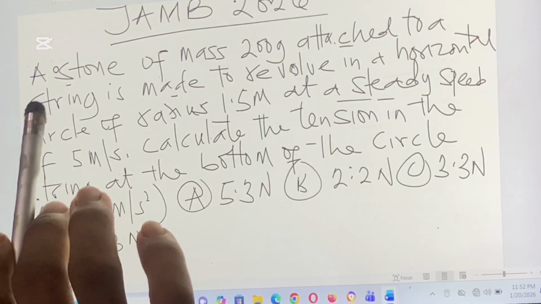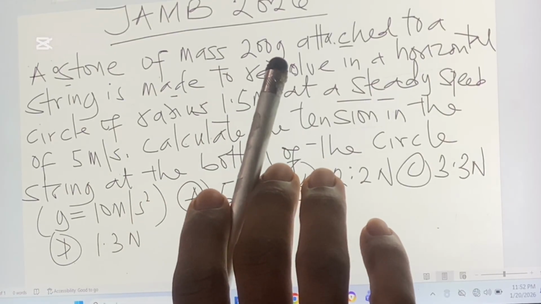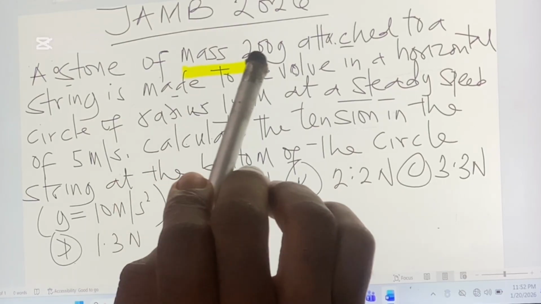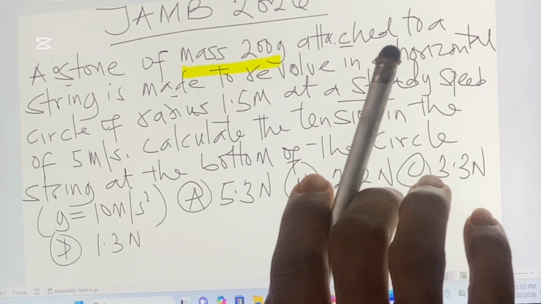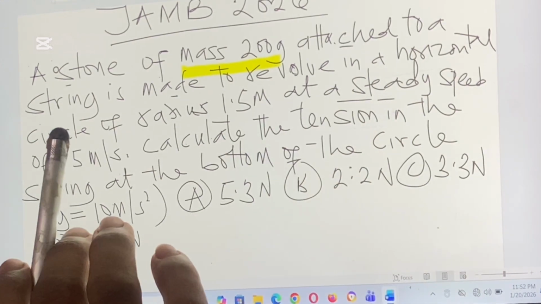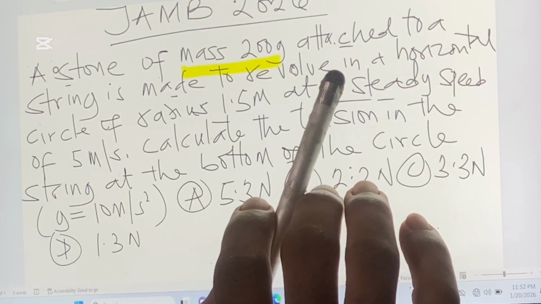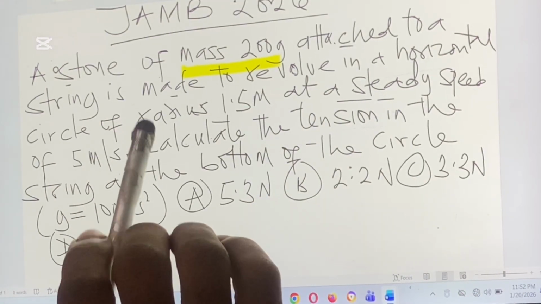Now, already said a stone of mass 200 gram. The mass here is given to us in gram. Please take note. Attached to a syringe is made to revolve in a horizontal circle of radius, okay?